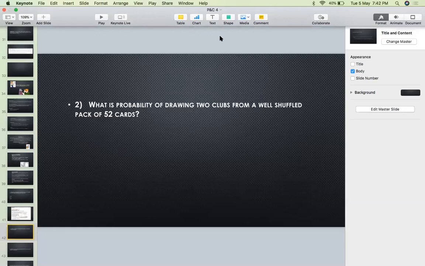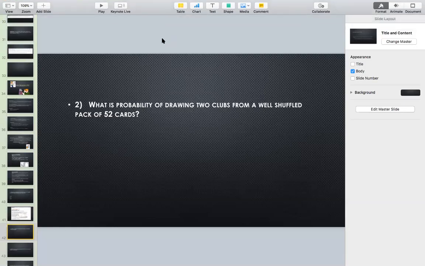Now one more thing you should have asked me: sir, are the 2 cards we are drawing from this pack taken in one go, or one after the other? This question can have 2 parts. In the first, we take out the 2 cards simultaneously.